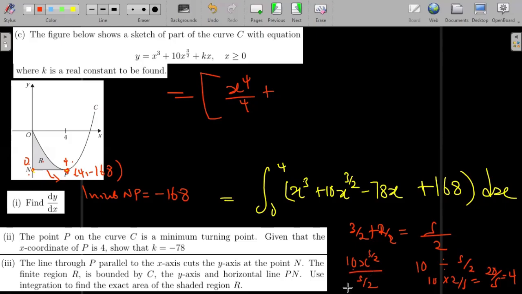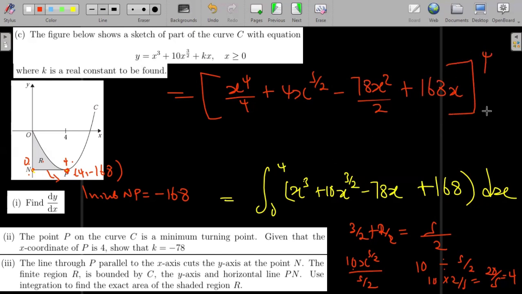So this whole thing here becomes 4x to the power 5 over 2. Then when I integrate this, it will be minus 78x squared over 2 plus, if I integrate this, just 168x.